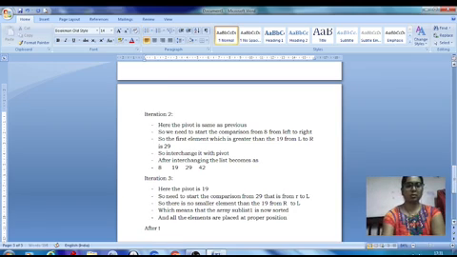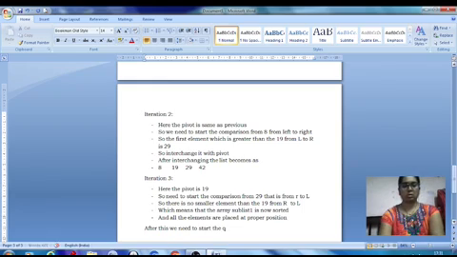Okay, now after this we need to start the quick sort on the sublist 2.